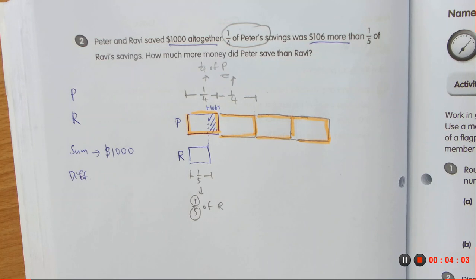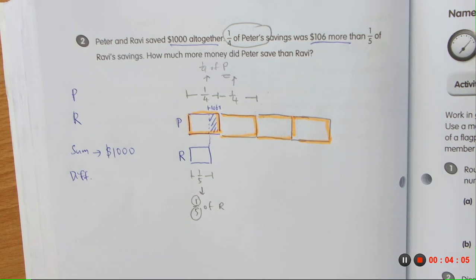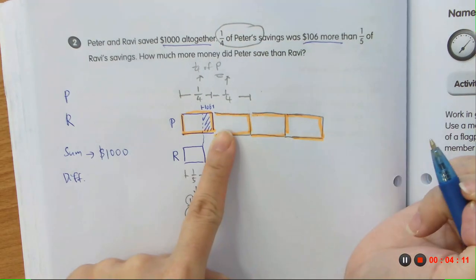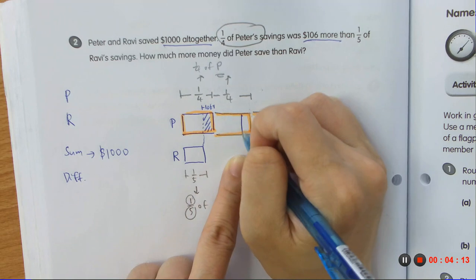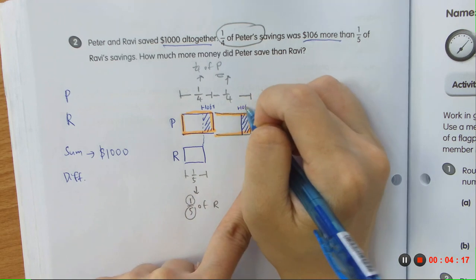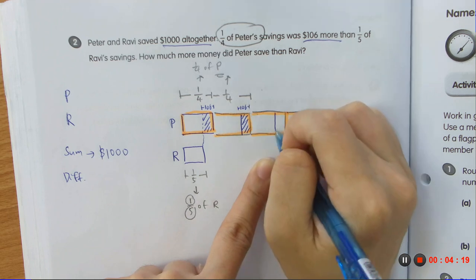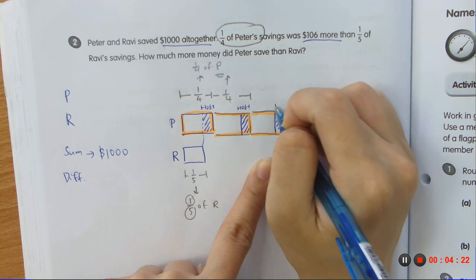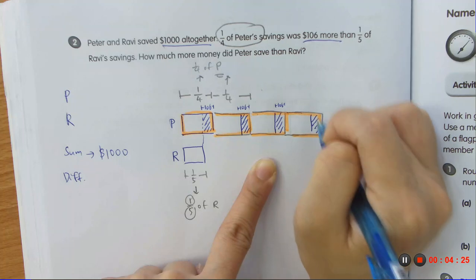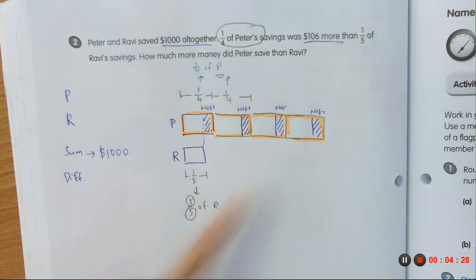Okay? Now, with that, I can actually cut up a part. For every quarter of Peter's money, there is a part that is 106. Okay?